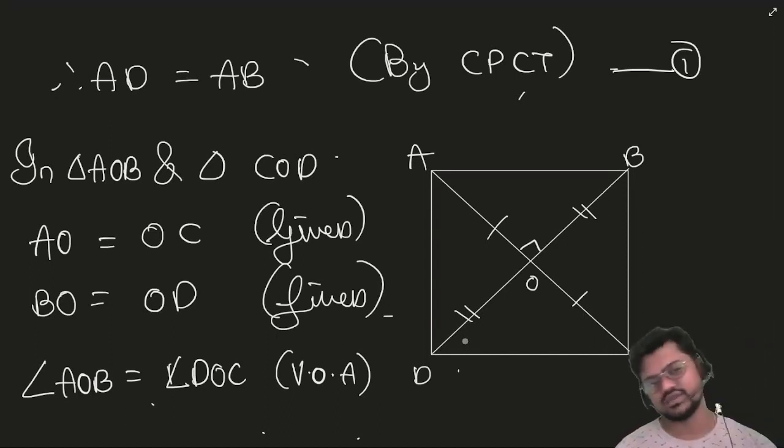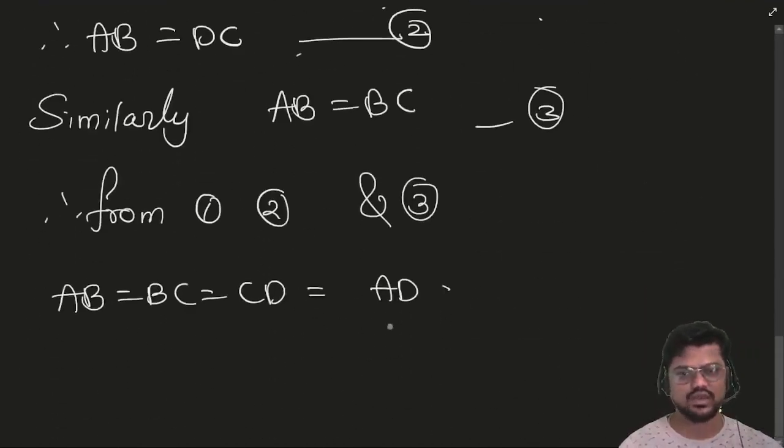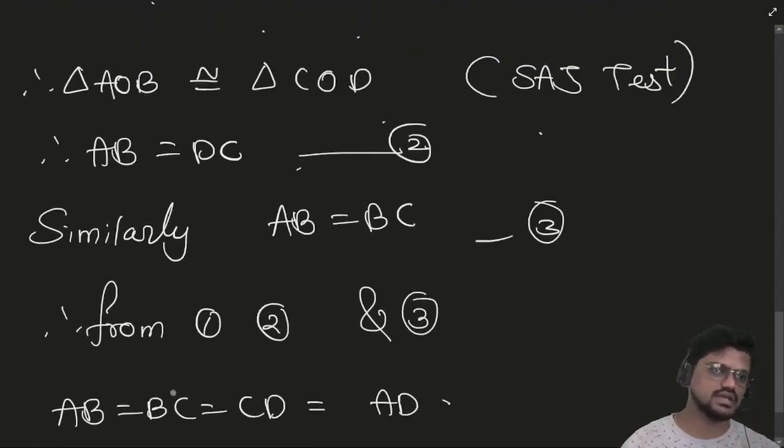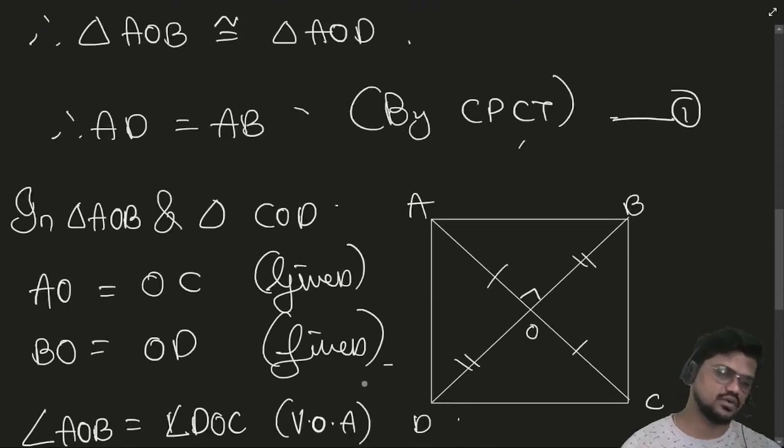No, wait. Once we prove that all the sides are equal, then what can we say? It is a rhombus or parallelogram. Yes, it can be said as a rhombus since all the sides are equal. Therefore, if ADC plus BCD equals 90 degrees, and they both are equal, then ADC plus BCD should be equal to 180 degrees.